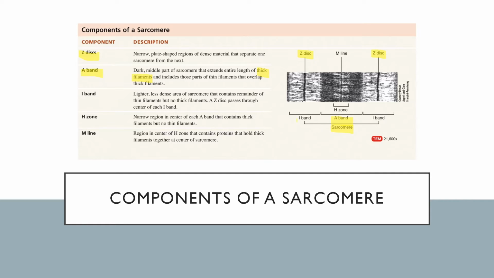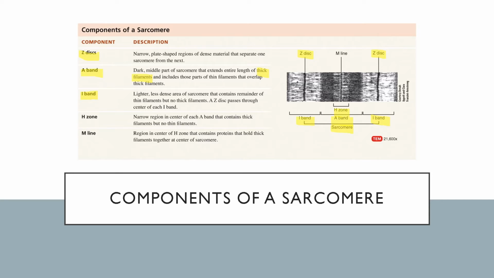The I band is going to be a lighter, less dense area that contains the rest of the thin filaments, but there are no thick filaments in this area. And there's a Z disc that passes through the center of each I band.